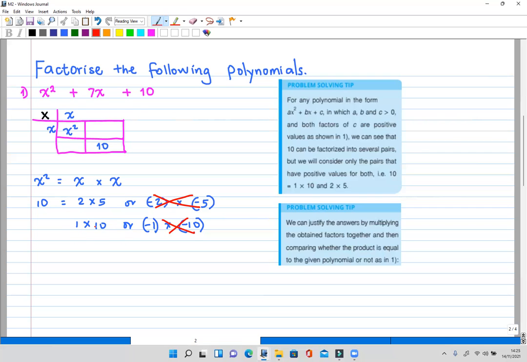If we use 1 times 10, we will get 10, but 1 plus 10 is not equal to 7. We don't need this. If we use 2 times 5, we will get 10, and 2 plus 5, we will get 7. So we will take this one. So in short, you look for 2 factors that when you multiply them, you get 10. But when you add them, you get this number here, 7.